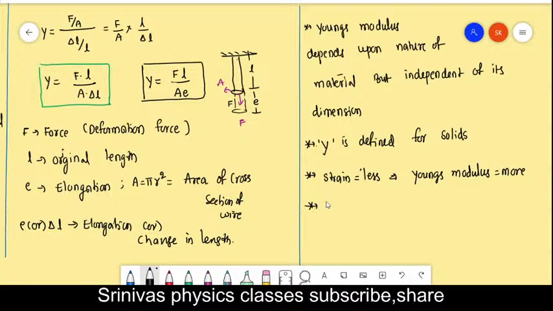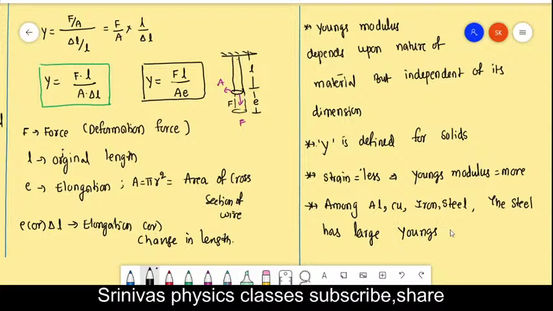For example, among some substances, aluminum, copper, iron, steel, the steel has a large Young's modulus.